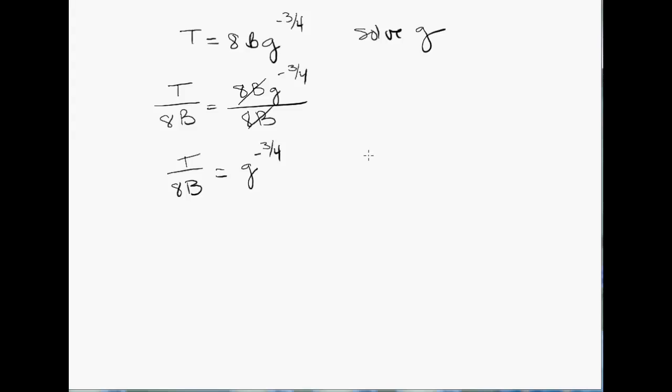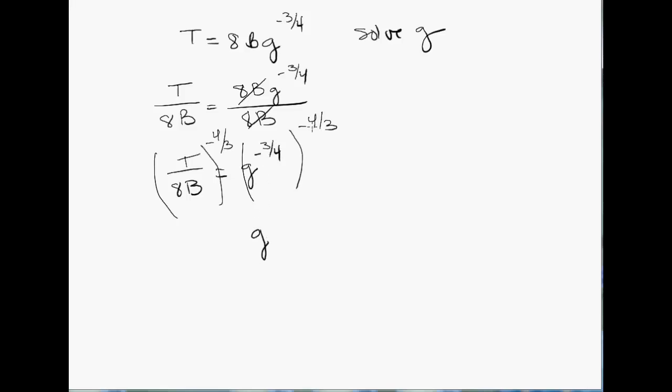Well, this really still isn't simplified, right? G is not by itself. It's actually raised to the minus 3/4 power. So to get rid of our exponent here, we're going to raise both sides to the minus 4/3 power. And what happens over here?